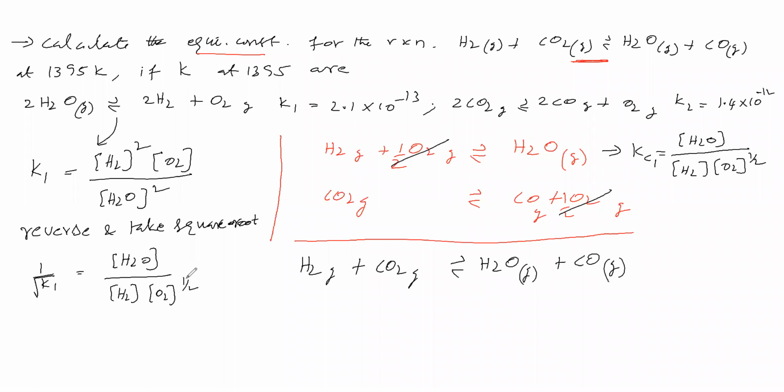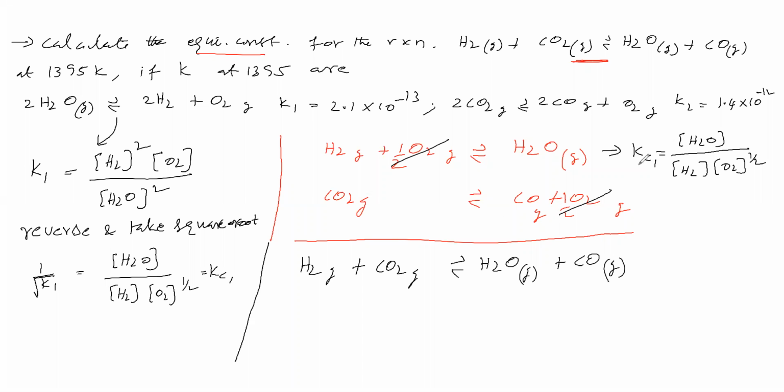Okay, so we got like this. Now you see this 1 by square root of K1 is equal to what? Is equal to Kc1, shall we say? So this Kc1 is equal to 1 by square root of K1. Okay.